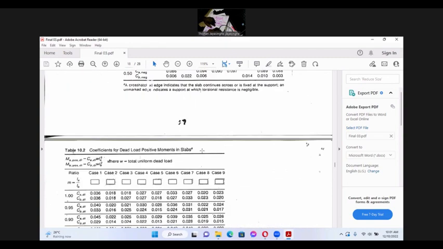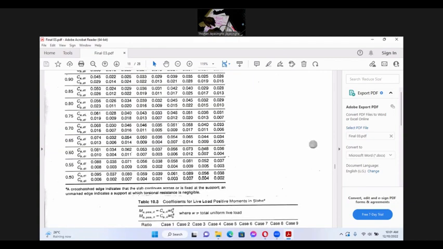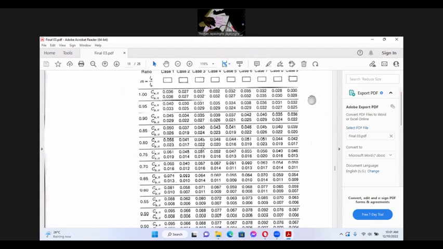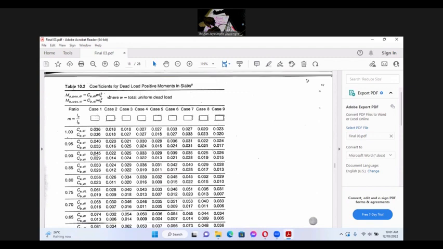So we see how these can be used, but I will do an example for us in this simply supported case. Because we are doing the example only for a simply supported case, we will be using only this one. Otherwise, you can use these coefficients as well. But you can see the definite advantage of making it continuous.